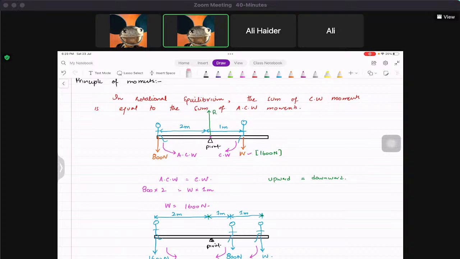So that's R. And the downward forces are 1600 plus 800, which goes to 2400. So the pivot is basically opposing it by this much force. Is it clear? Any questions? Please let me know.